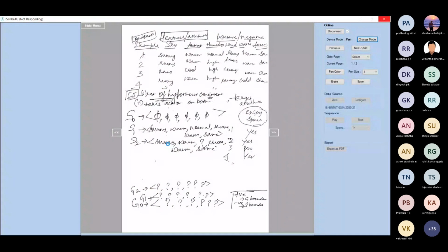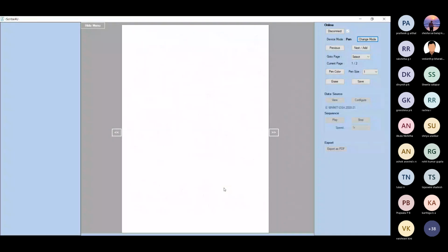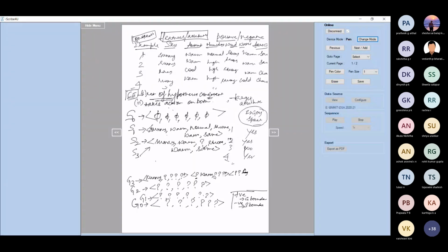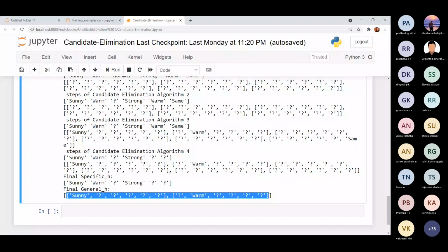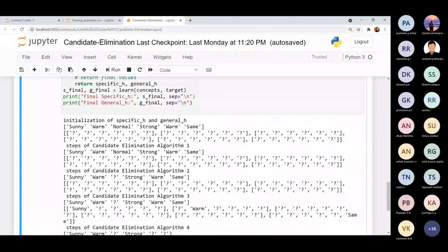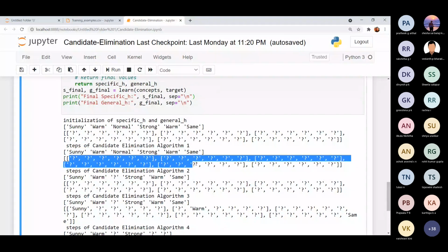We have two options in the general hypothesis: sunny with all question marks, and warm with all question marks. Initially it's all question marks.